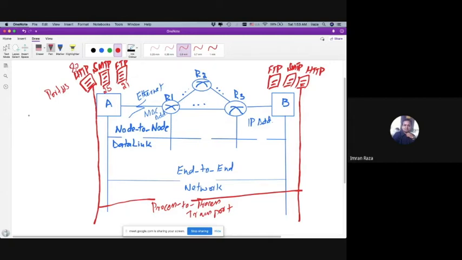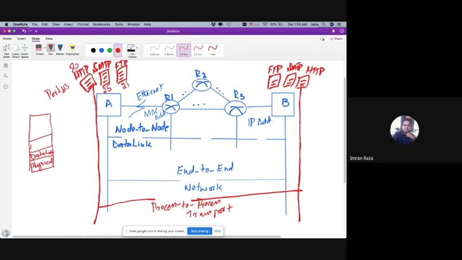So remember the layered model that we covered earlier. So there we have different layers. For example, we have physical layer. Then we have data link layer.